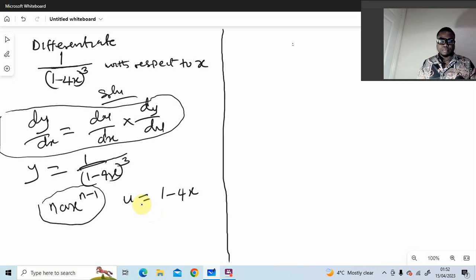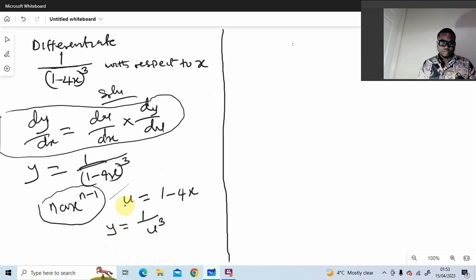I'm replacing 1 minus 4x in the expression with the value of u. So y is equal to 1 over u raised to the power of 3, because anywhere I see 1 minus 4x, I replace it with u.